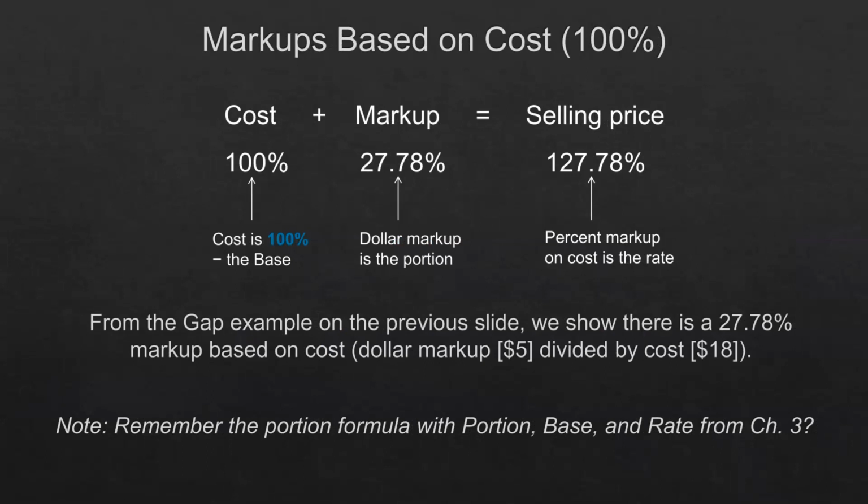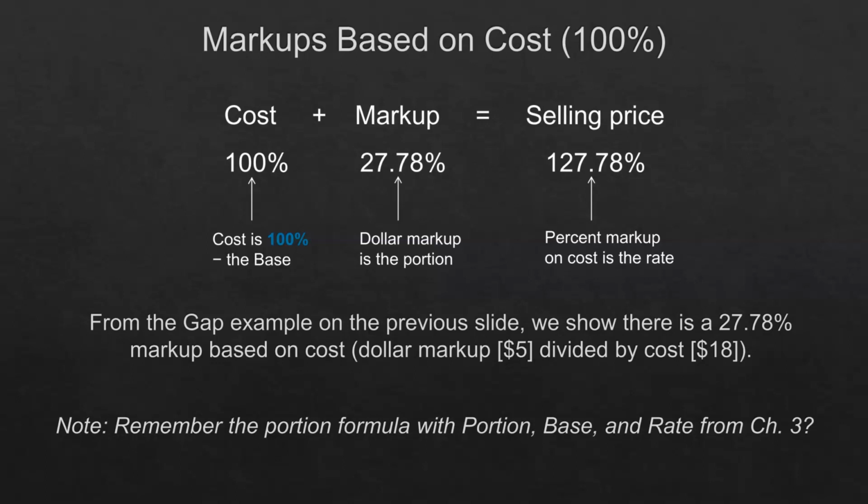So this is talking about the percent part of this. So if the cost is 100% and the markup's 27.78%, then the selling price is 127.78%, and that would be of the cost, right? So this is kind of related to our portion base rate, and that's just a quick view of that.